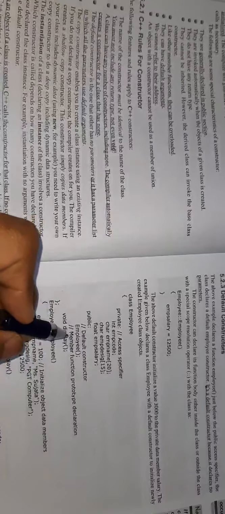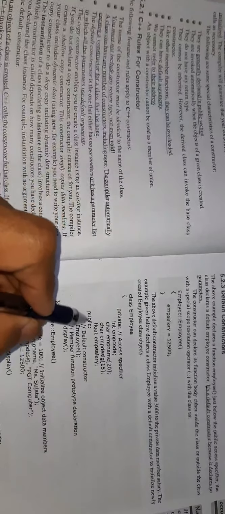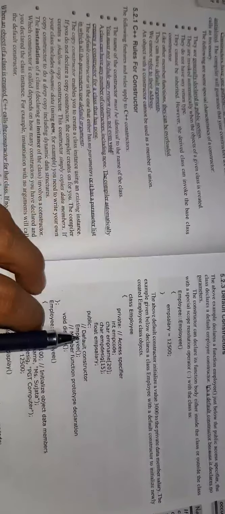It's not possible. But yes, provided there is a public member function like this, it can be written inside that member function body, which we have seen in the previous chapter. So keep in mind that a constructor will always be declared under the public label, because private methods cannot be accessed outside of the class.